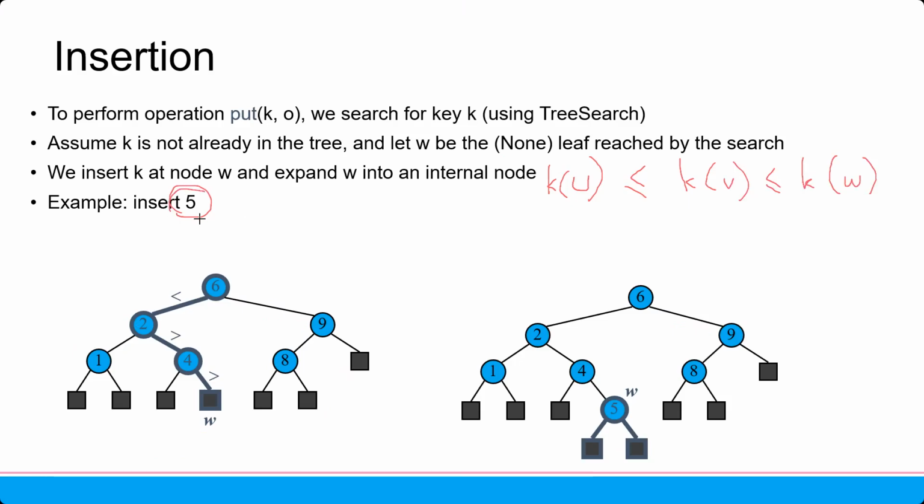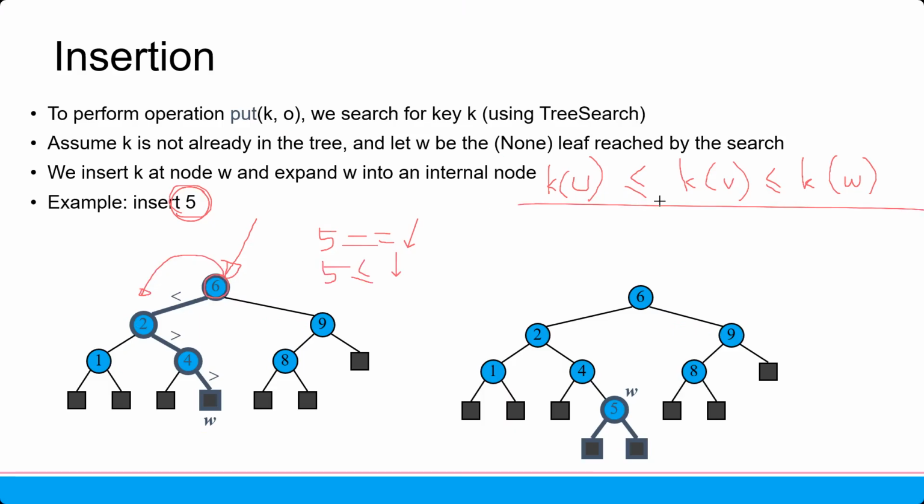So if you want to insert 5, we need to find the position of 5. Let's start from the root. Is 5 equal to 6? No. Then we check, is 5 less than or equal to 6? Yes. Then we go to the left, because it is based on these properties.